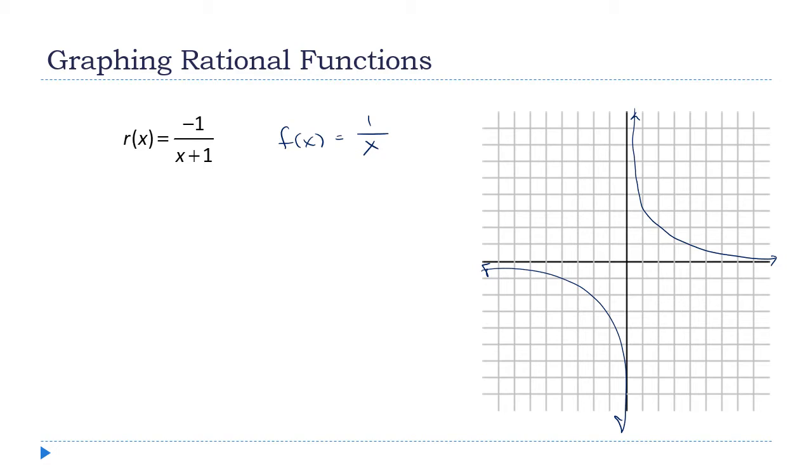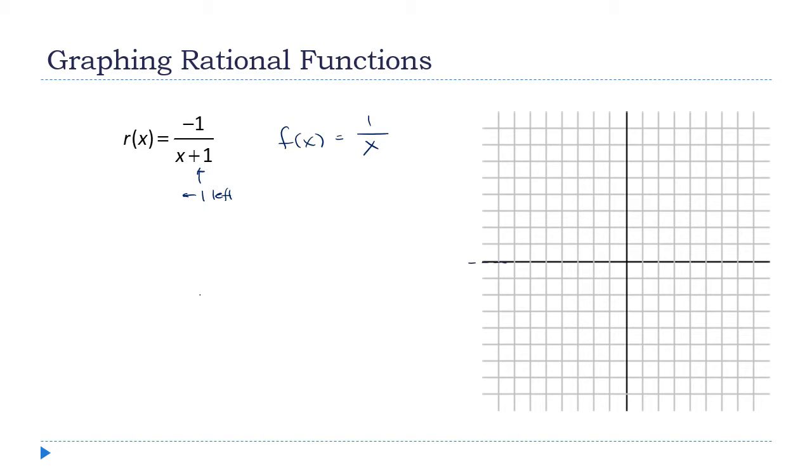So first let's think about this x plus 1. Adding 1 to the x has the effect of shifting the graph 1 unit to the left. Okay, so I'm going to clean this up and get a clean thing to start with. So I want you to think about taking that graph I had up there and shifting it 1 unit to the left.